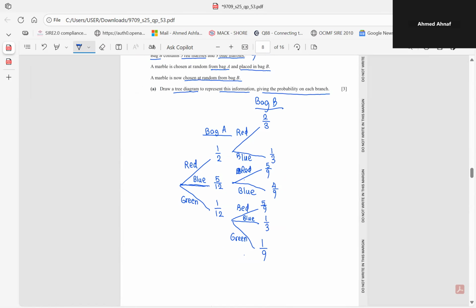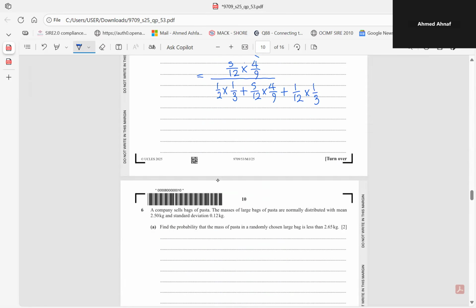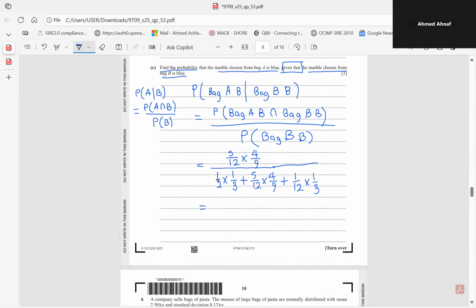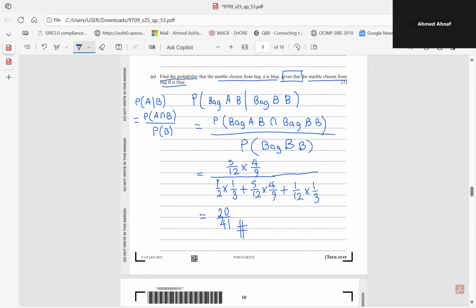I took all the possibilities. The final answer for this, just type this into your calculator. So you will get 20 over 41 as your final answer. So this is our final answer for this part in question.